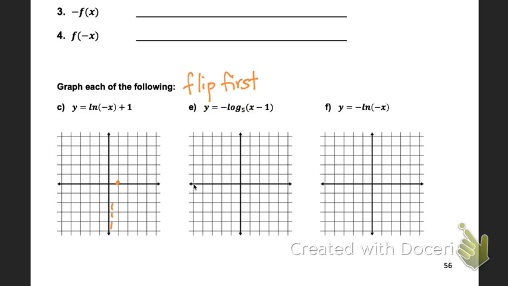And the original looks like this. If it helps to draw a parent function, then do so. This negative x means that it flips the what? The y-axis. So now it's over here, like this. But then it goes up 1.